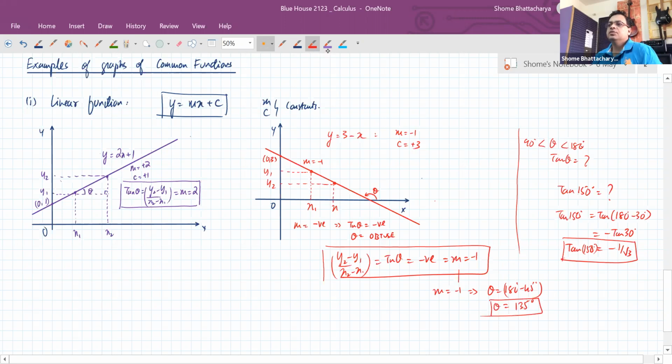Whereas for this particular line, tan theta is equal to 2, which means theta is tan inverse of 2. That's not a standard value, but it's close to about 52 degrees or something like that. I can use a calculator to give you the exact value.